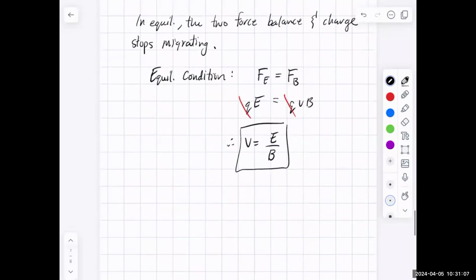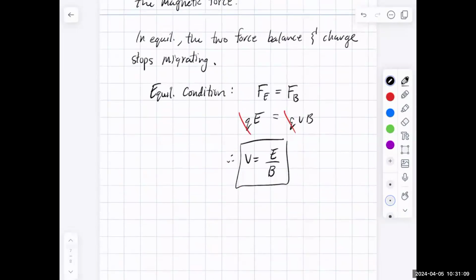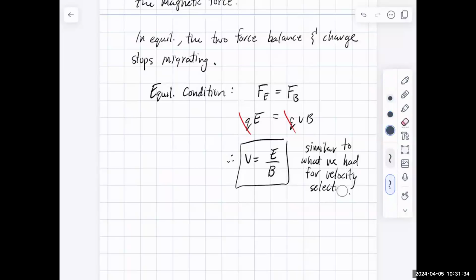And lo and behold, we get the same kind of condition, that V is determined by the ratio of the electric to magnetic field. So this is similar to what we had for the velocity selector.